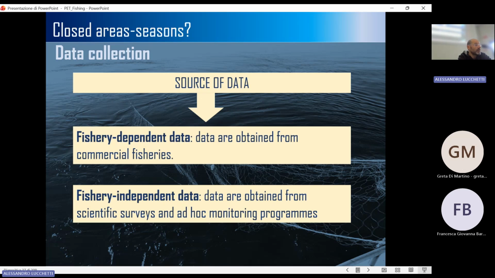Basically, as probably all the type of data dealing with fishery, we have two types of data that are the fishery dependent data and the fishery independent data. I think that yesterday probably you had a lesson with Giuseppe Scarcella, and probably he stressed this part of the story.